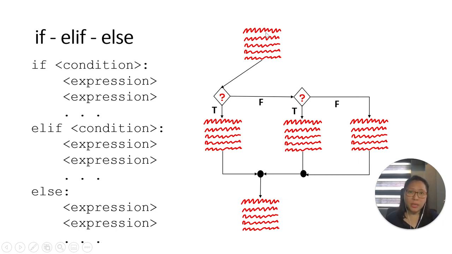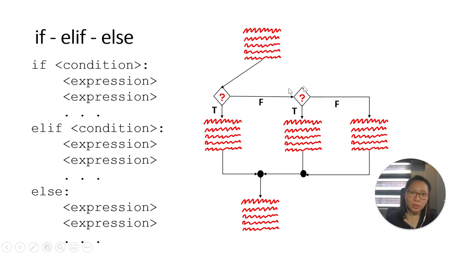So visually, it looks like this. The program runs or executes these lines of codes, and then we encounter an if condition. If the answer to this test or to this condition is true, this code block is executed. If this second condition is true, this code block is executed.